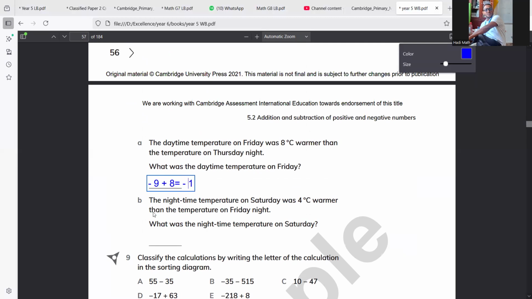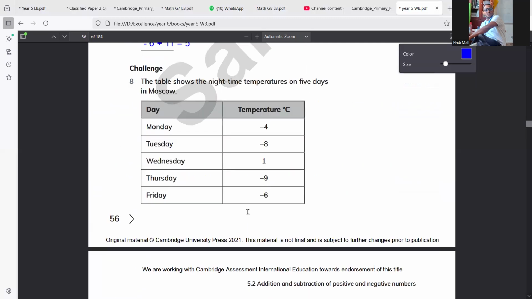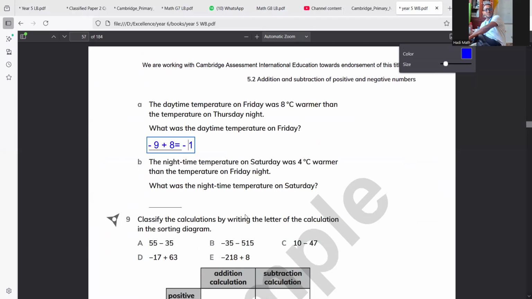The nighttime temperature on Saturday was 4 degrees warmer than the temperature on Friday night. Let's see Friday night. Friday night is -6. So 4 degrees warmer means -6 plus 4. And that will be what? 6 is negative, 4 is positive.